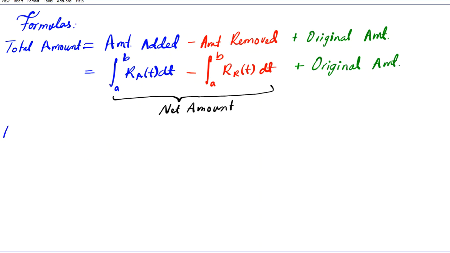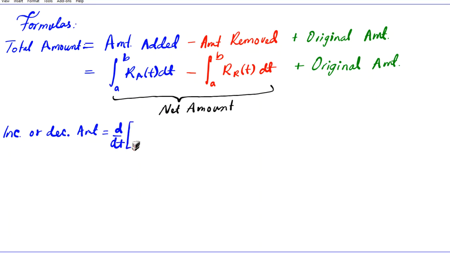So let's just call this increasing or decreasing amount. That's simply determined by differentiating this expression we have up here.